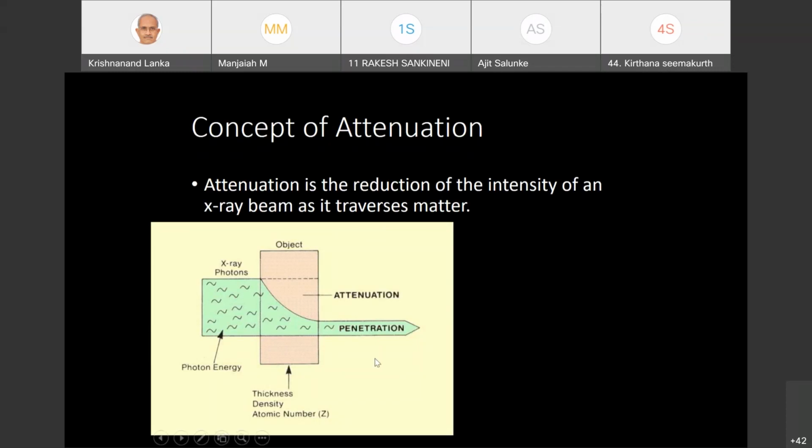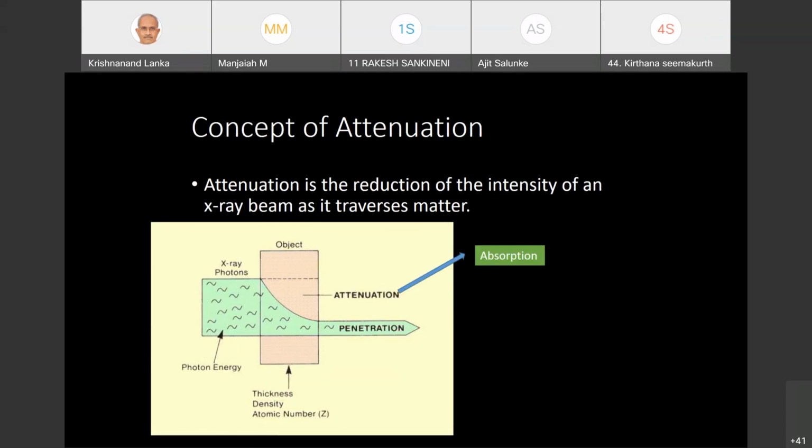So here, let us say this is the muscle, and the X-rays contain photon energy. They penetrate this, and you see there is attenuation of the signal, a degradation in the signal. So this is what happens.